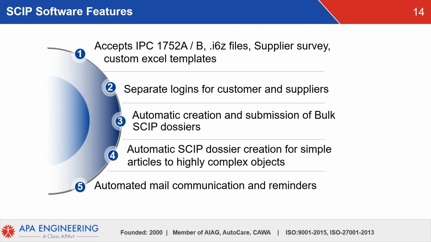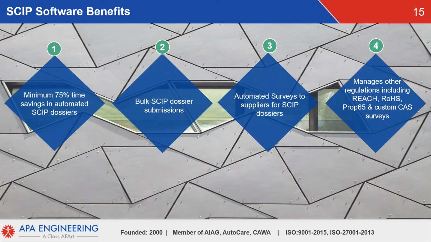It also has automated mail communication reminders to vendors. So what are the benefits? Since many things are automated, there are minimum 75% savings in terms of effort, and if you calculate that into cost, it will be much higher than that. And bulk SCIP submissions can be made, which is one of the pains in the neck for most customers.